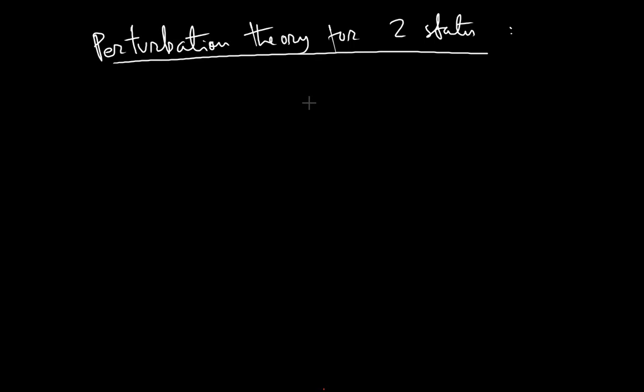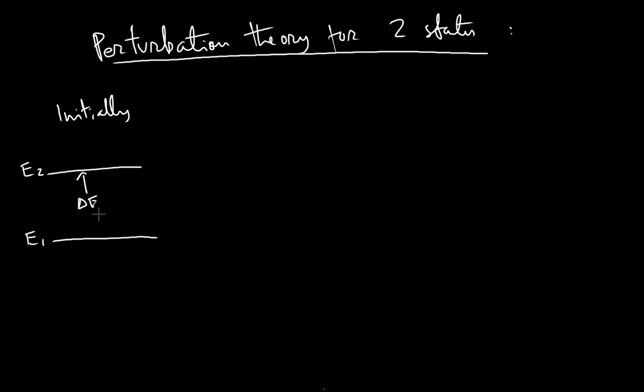So basically what we have initially is this. We have two states, say E1 and E2, and they are unperturbed, right?